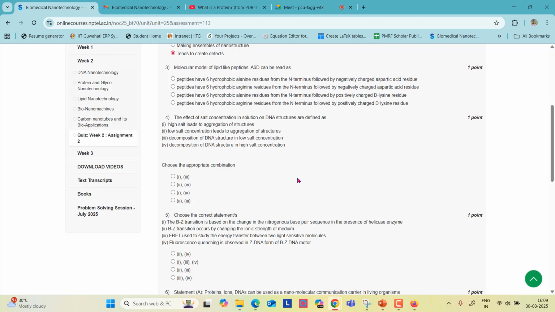What do you think? Decomposition in low salt. Decomposition in low salt, yes. And high salt, 1 and 3, ma'am. Yes, 1 and 3.